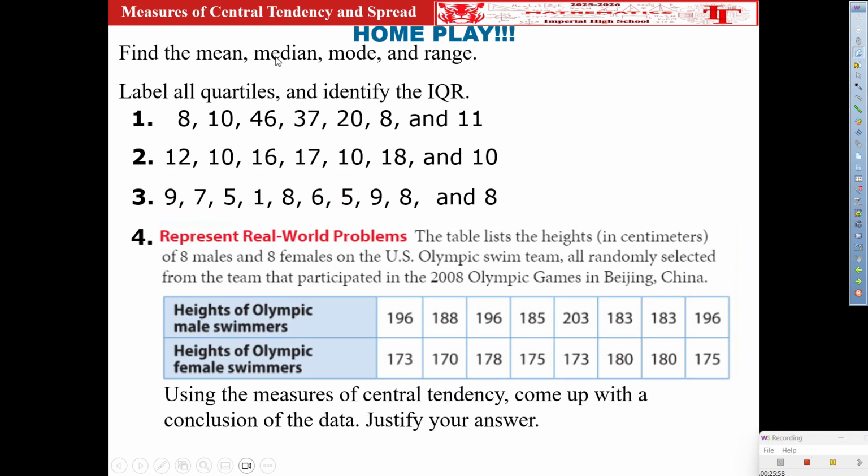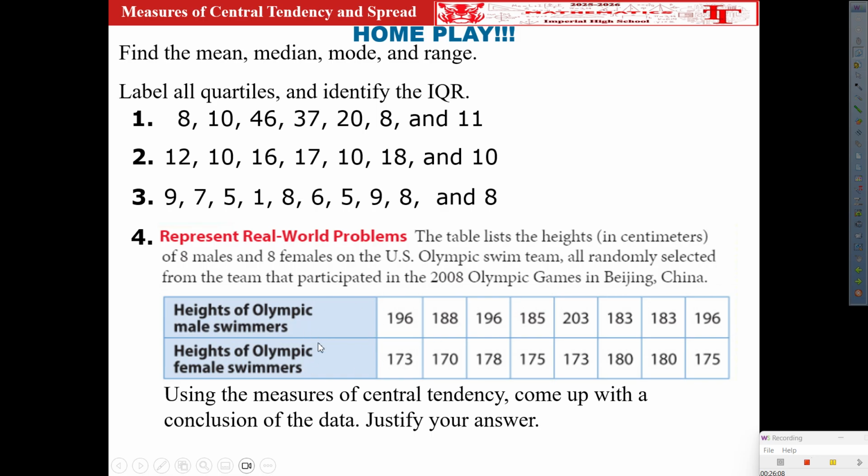It says, find the mean, median, mode, and range. It says, label all quartiles and identify IQR. Don't worry about that. I want you to find me the mean, median, mode, and range of this, this, this. And then here they give you 2 more sets because they want you to compare. Yes?